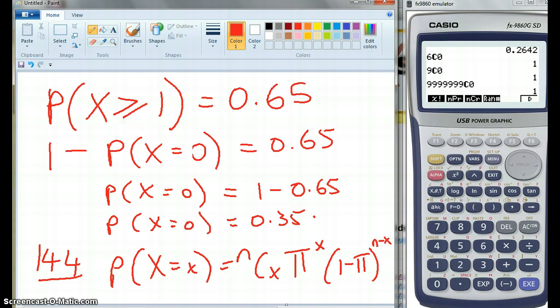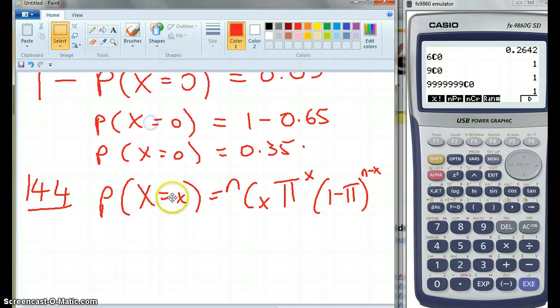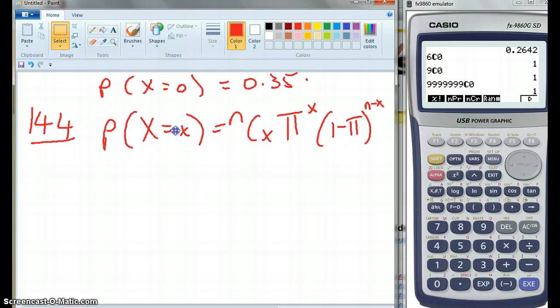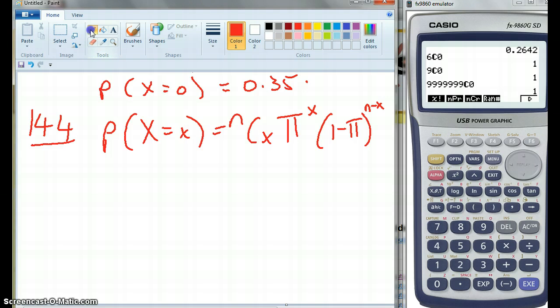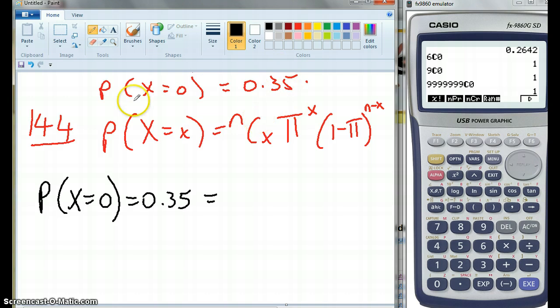Okay, so now what do we do with that? I'm going to just move that to there. This is the special case. So we've got the probability that x equals 0 equals 0.35, which also equals, so x is 0, so 0's there, 0's there, 0's there, and n was 10, so 10 is there, and 10 is there.